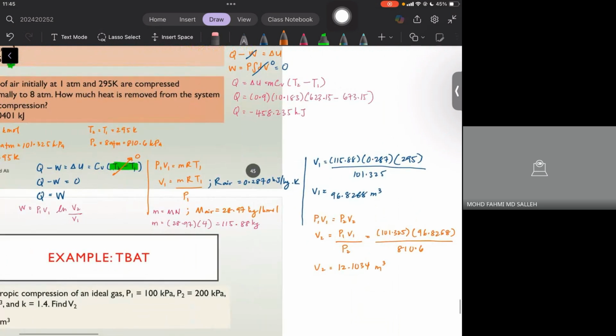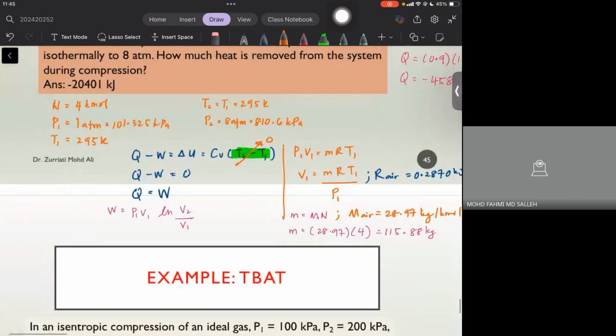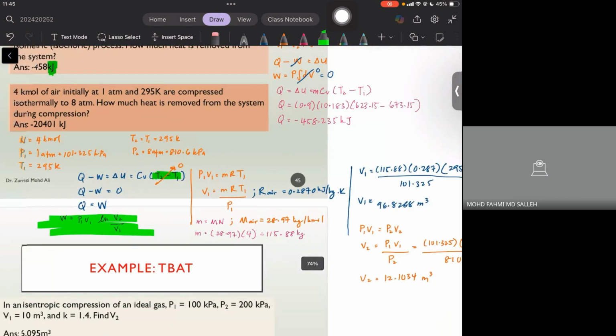Now we have the value for P1, V1 and also V2.